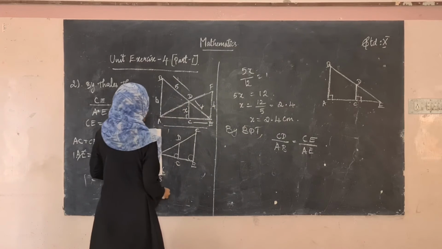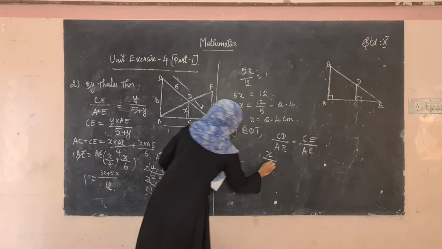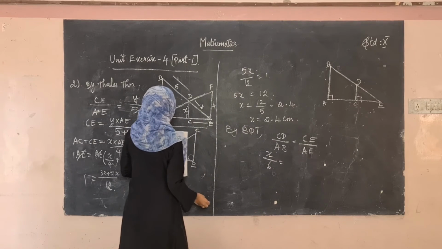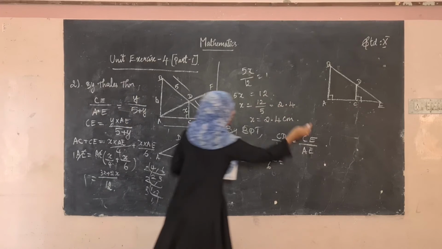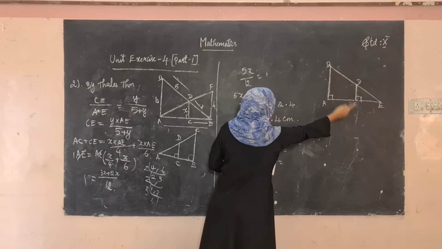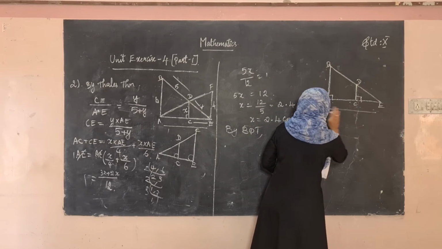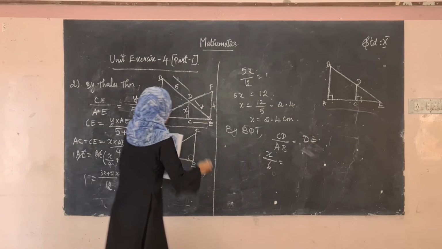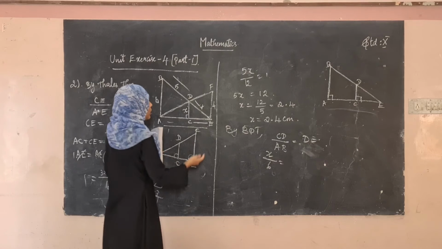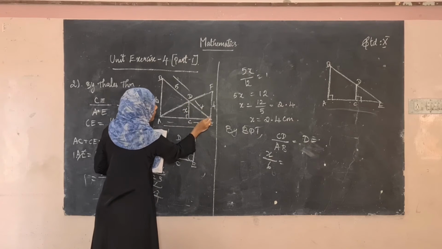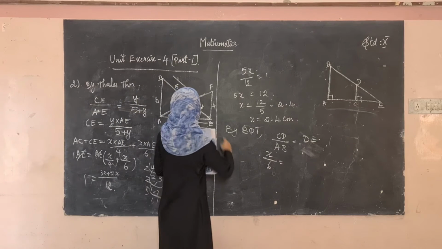What is the value of CD? CD is x divided by AB. AB is 6, which is equal to DE divided by BE. We are not going to use CE and AE because in this diagram we don't know their values. But on this side we know the value of DE and BE.